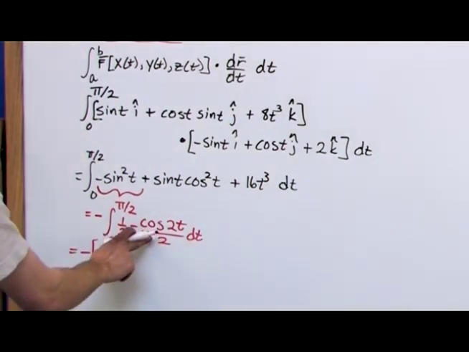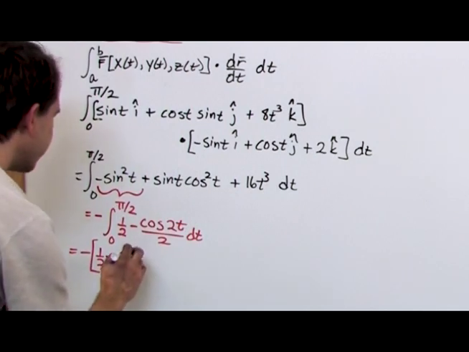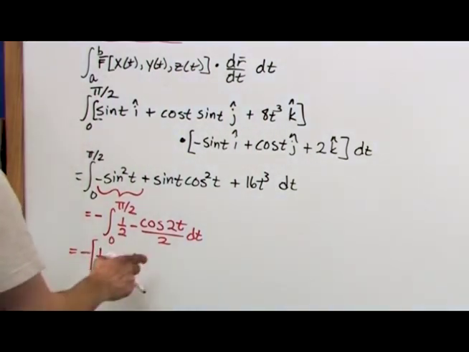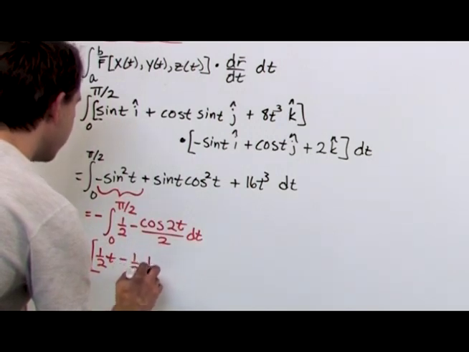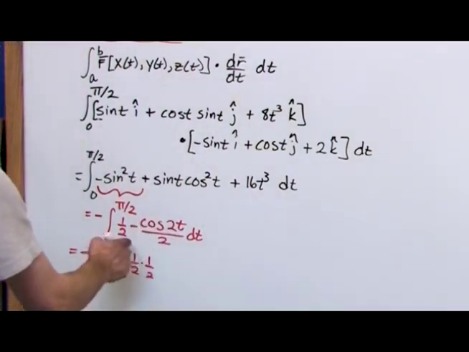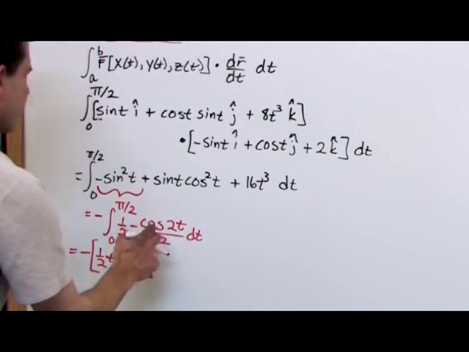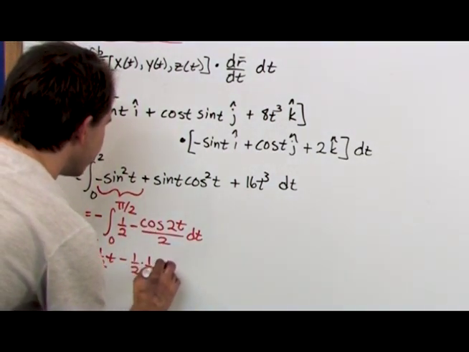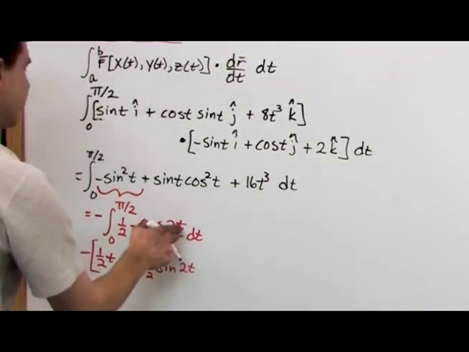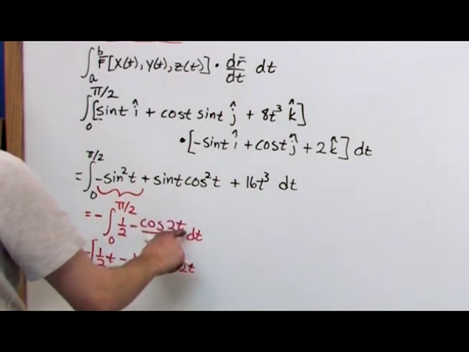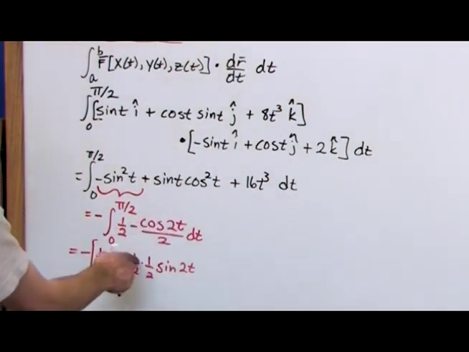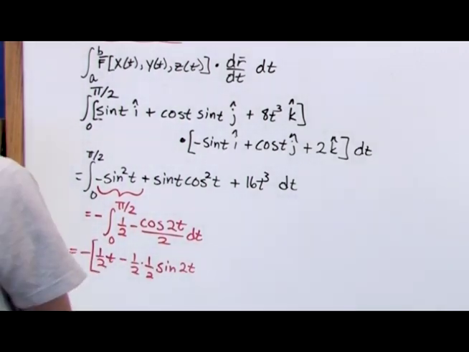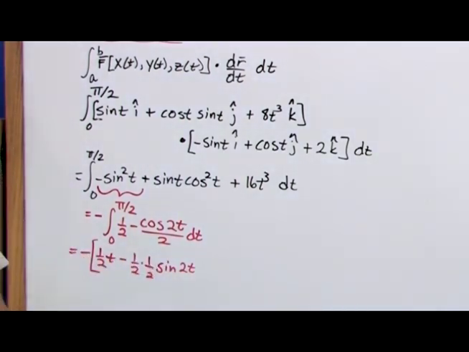Over here, you're going to have the 1/2 from right here, and then when you integrate this cosine, you're going to have another 1/2 come out, because the 2 comes out as a 1/2. Integral of cosine is sine of 2t. If you don't remember how to do this, you can just do another substitution of u equals 2t, and you'll see when you take the derivative, this 2 comes out as a 1/2. So that's what you get right there.